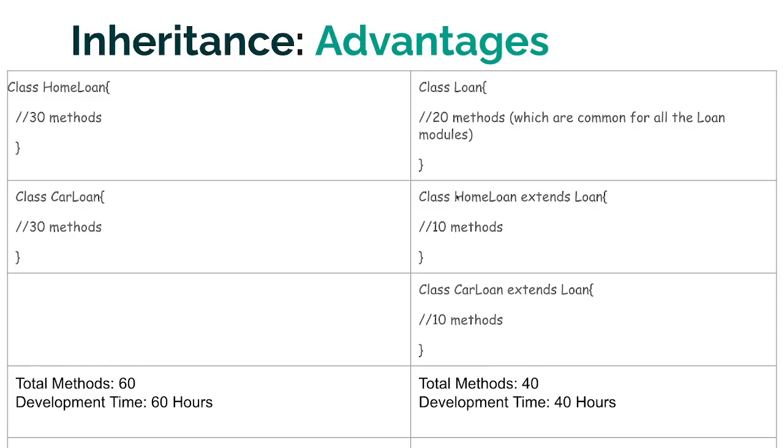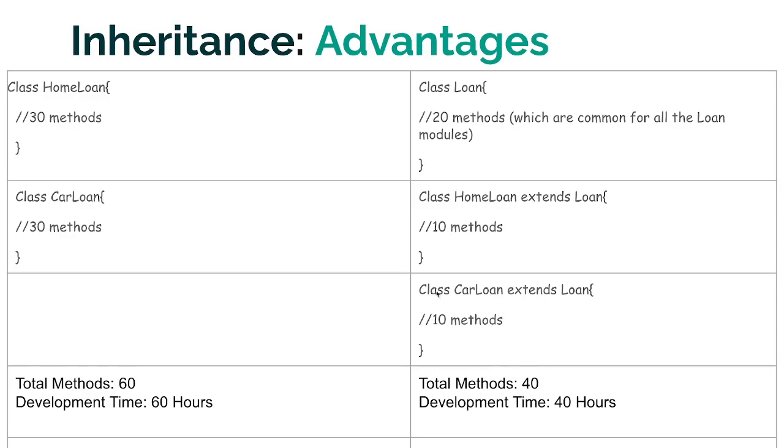So here home loan is a child, and this loan class is a parent. In this case, using inheritance, all you need to write is 10 methods, the uncommon methods. You don't have to create those 20 common methods, because by using this inheritance process, you have access to these 20 methods from the parent class, which is the loan class.